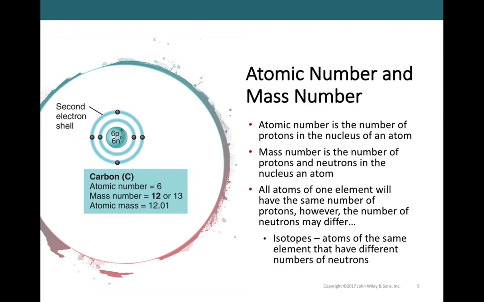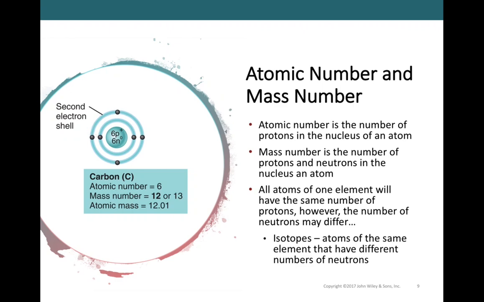But it's possible that we can have a 7th neutron put into this nucleus, and that would give us carbon-13. So depending on how many particles we find in our atom's nucleus, that's going to tell us what the mass number is. Again, you can see that this mass number here is 12.